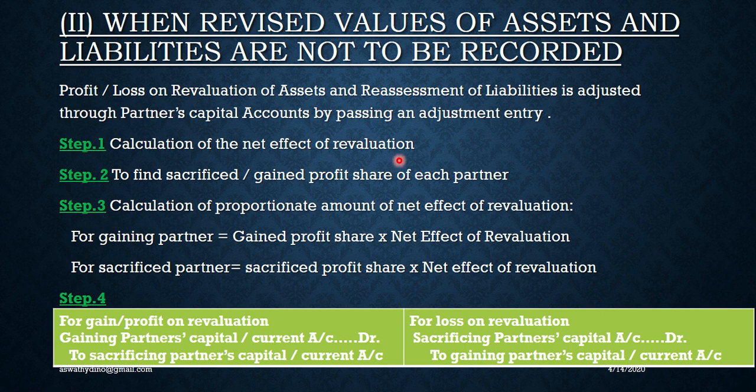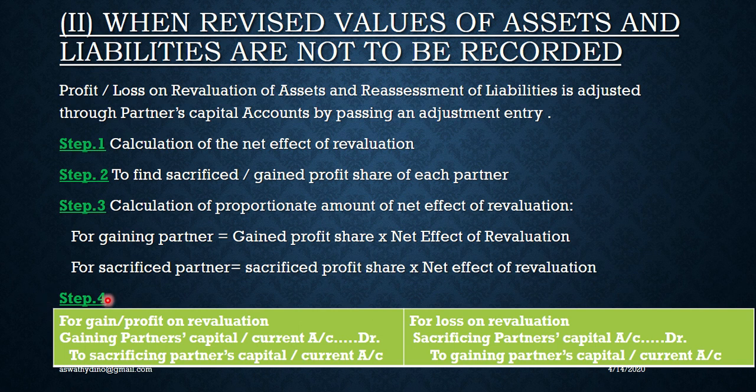So 1/6, 10,000 is the amount to be adjusted between partners. So for gaining partners, gained profit share into net effect of revaluation, here in this case it is 10,000. And for sacrificing partners, sacrificed profit share into net effect of revaluation. So one partner has gained 1/6 and another partner loses 1/6. So here in this case it is 10,000 each.